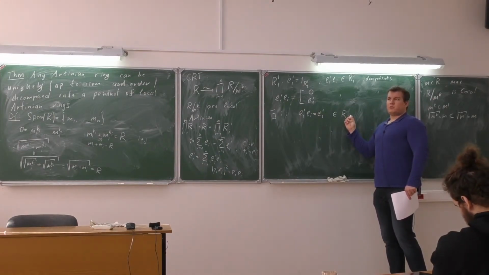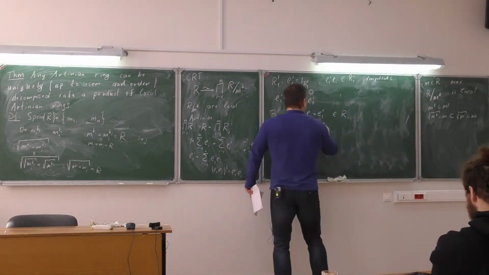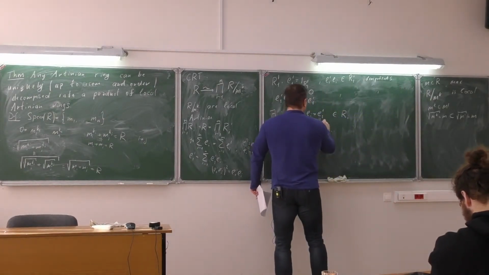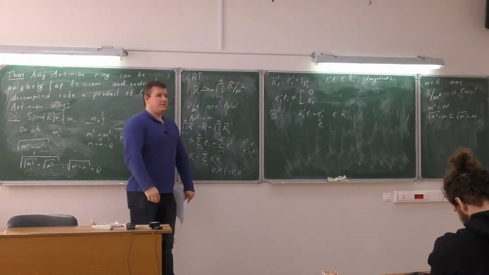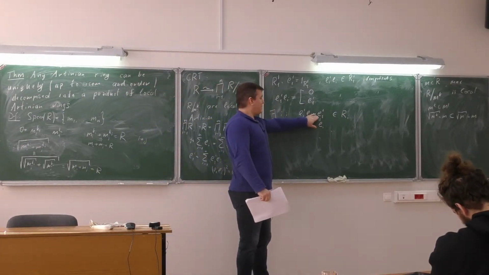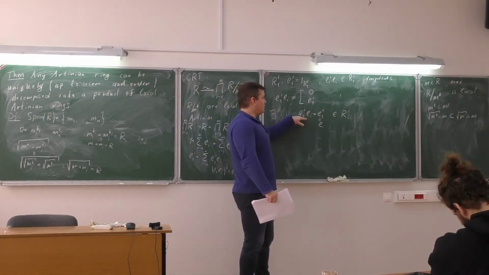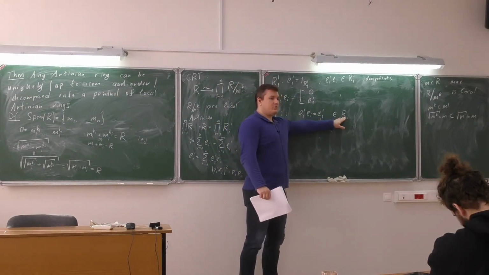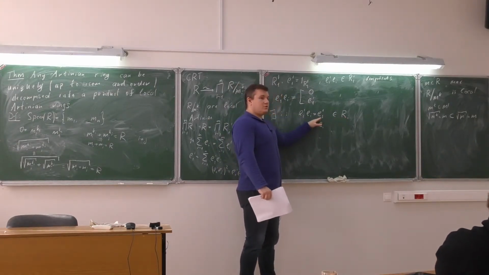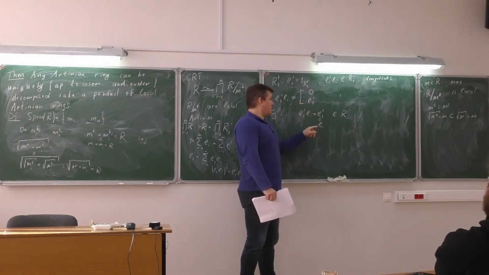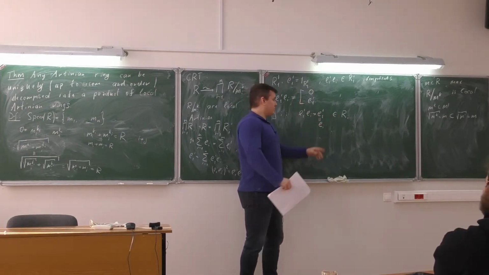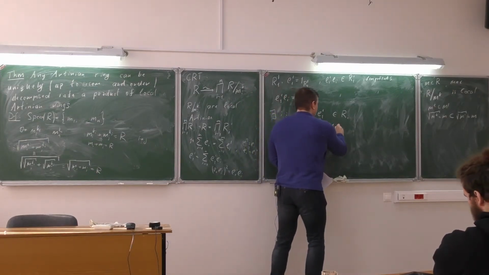If this is a non-zero idempotent, it has to be the 1 in the ring Ri. So the conclusion is that this is just equal to Ei. Take this element: because it's a product of these two elements, it belongs to this local ring. It is a non-zero element, and an idempotent, so it has to be the 1 in the ring. So this is the same as 1 of Ri.